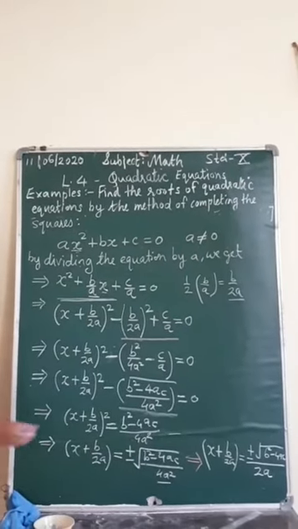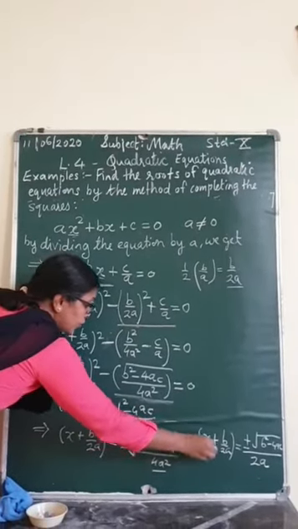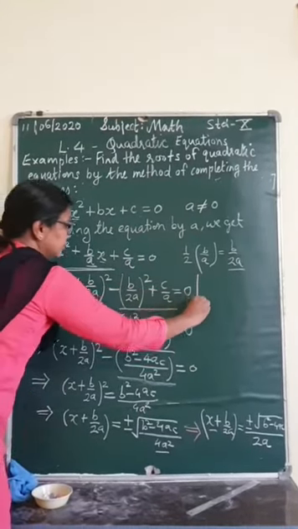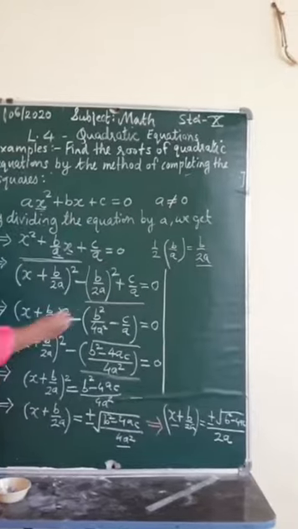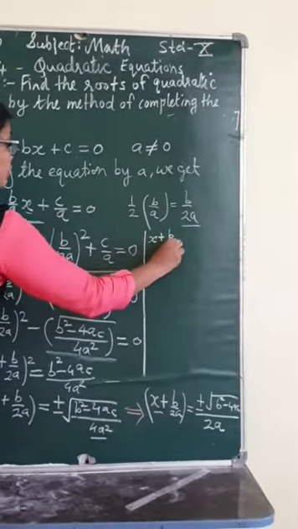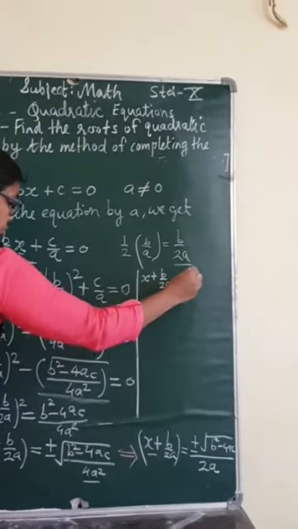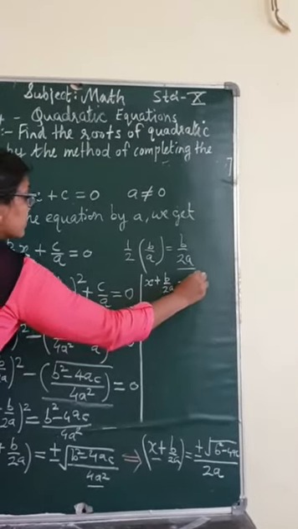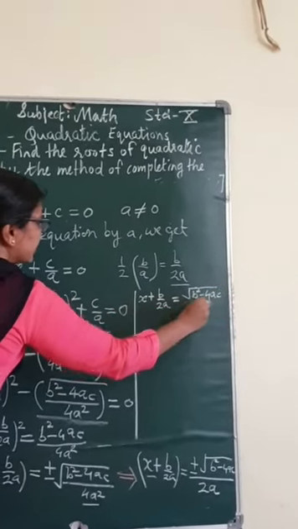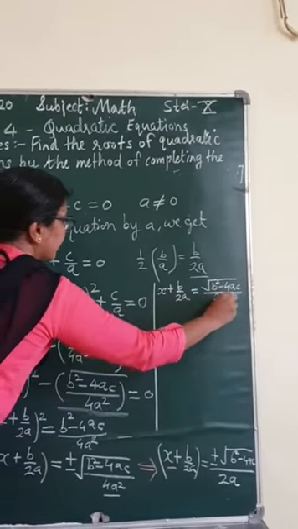And then we are solving this to find the value of x. So I am showing it here. x plus b upon 2a is equal to plus square root of b square minus 4ac upon 2a.